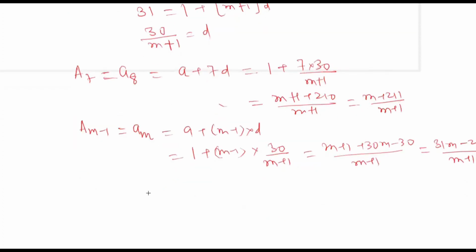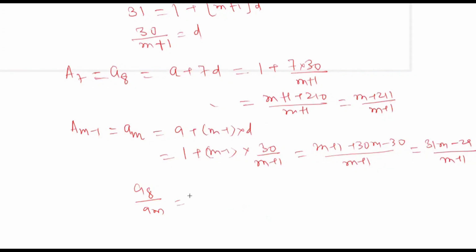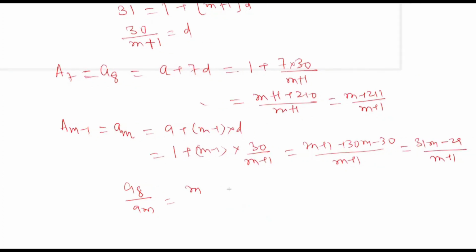So if I take this ratio of A8 to AM, I get M plus 211 divided by 31M minus 29. The denominator will get cancelled, so I'm not writing it down. This is equal to 5 by 9.